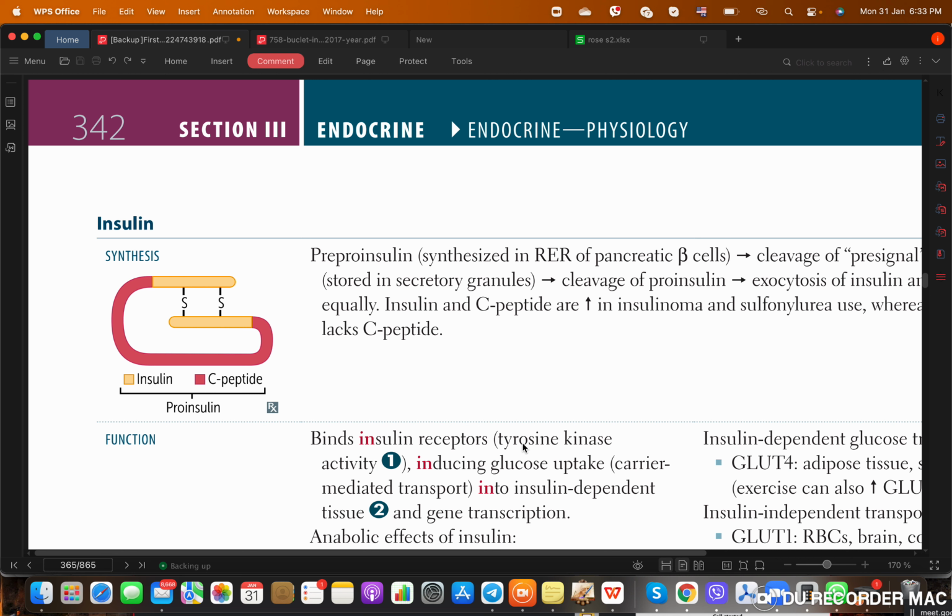But he has hypoglycemia, high insulin level, and low C-peptide. What do you think he has? Does he have an insulinoma, a tumor that hypersecretes insulin? Or is he lying to you and he's taking the drug? Case 1 or case 2? He's lying. Case 2, absolutely.